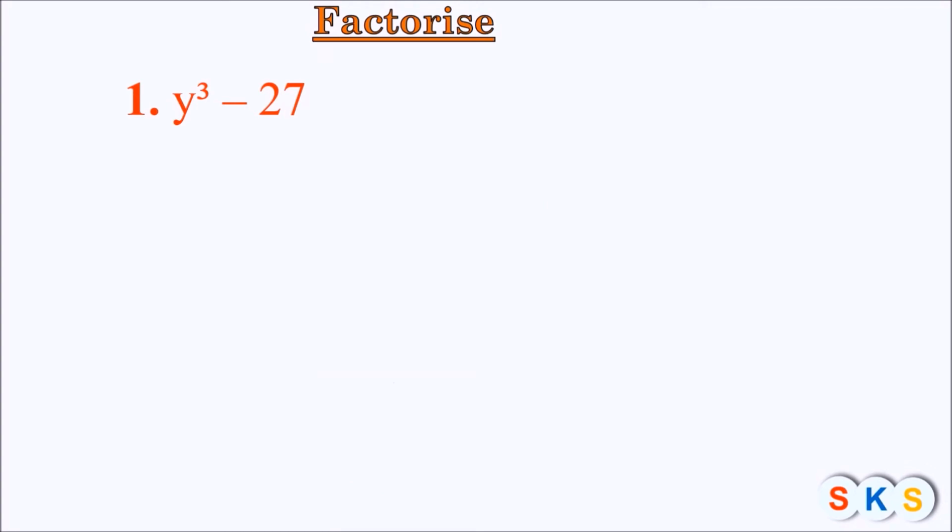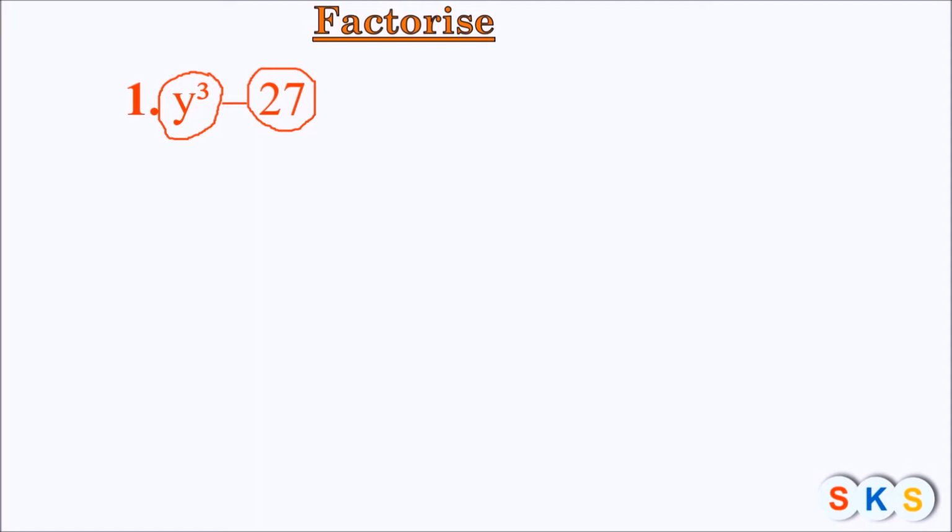Here we have first question, y raised to 3 minus 27, and you can see that it is a binomial. This expression is binomial, and you can see that here the first term is perfect cube. It is a cube of y, and the second term is also perfect cube. It is cube of 3.